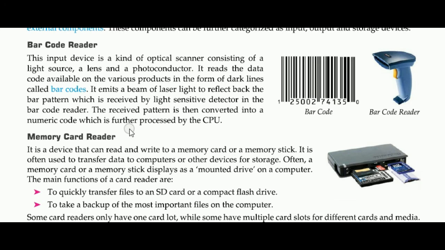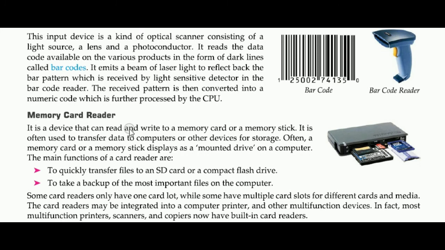Number one is the barcode reader. This input device is a kind of optical scanner consisting of a light source, a lens and a photoconductor. It reads the data code available on various products in the form of dark lines called barcodes. It emits a beam of laser light to reflect back the bar pattern, which is received by a light sensitive detector in the barcode reader.